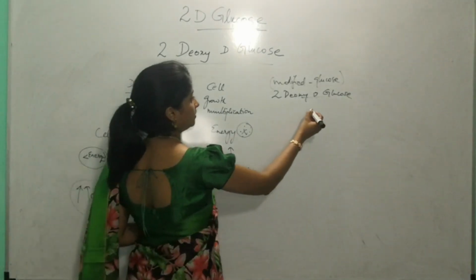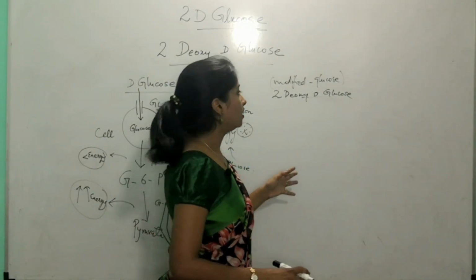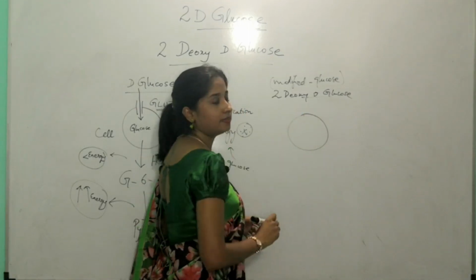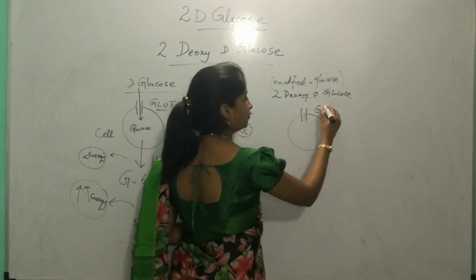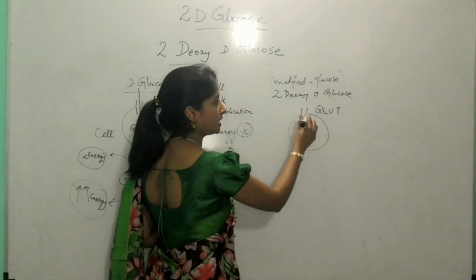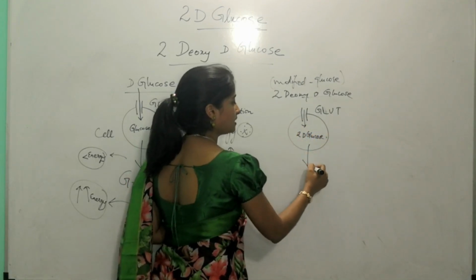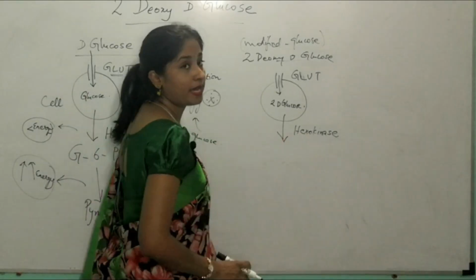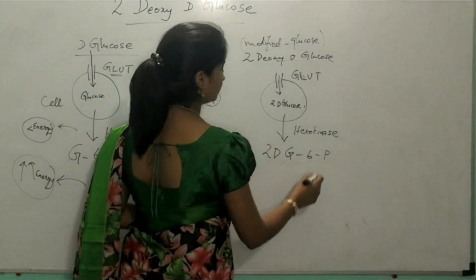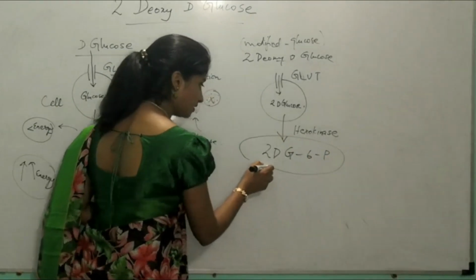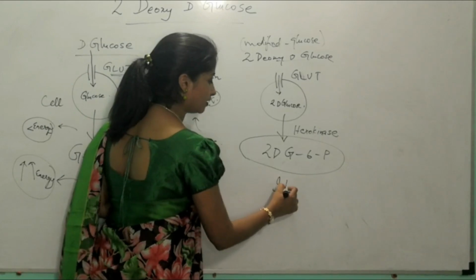Let's see. Consider the same 2-deoxy D glucose can also be taken like a normal glucose by the oral route. So consider this as a cell. Into the cell, the same glucose transporter is going to help in the transportation of this 2D glucose into the cell. So the 2D glucose enters the cell, and after that it is acted upon by the hexokinase and gets converted to 2D glucose 6-phosphate. This product 2D glucose 6-phosphate acts as an inhibitor.